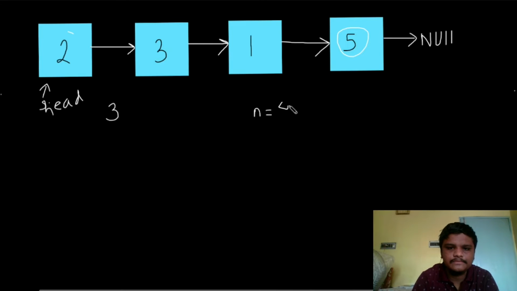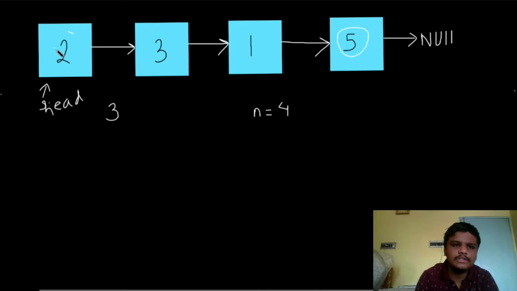Now in our question it is given that we need to count starting from the last. So if you start from the last, then this is the first node, this is the second, third, and this is the fourth. So by n equals 4, we mean this node we need to delete.